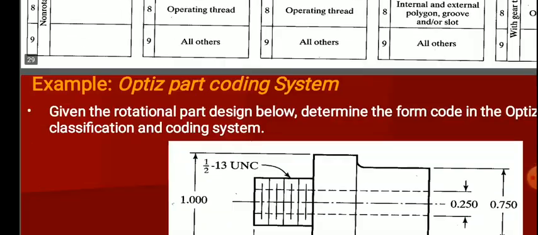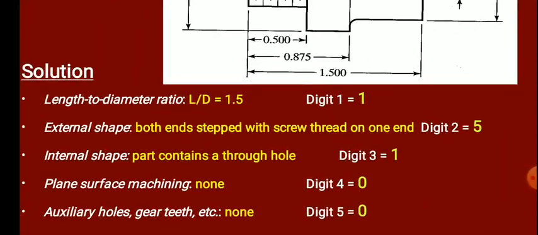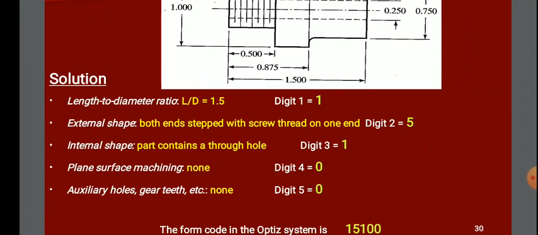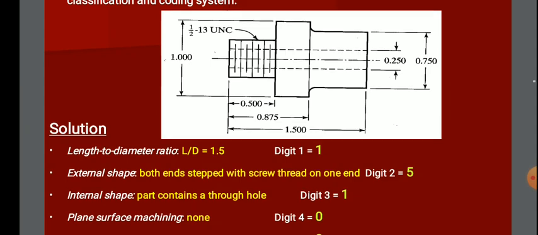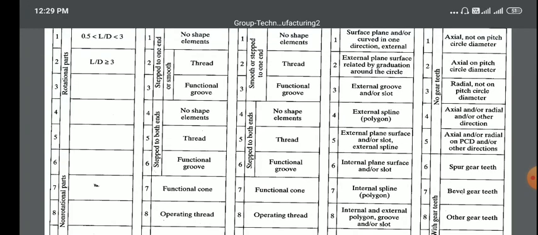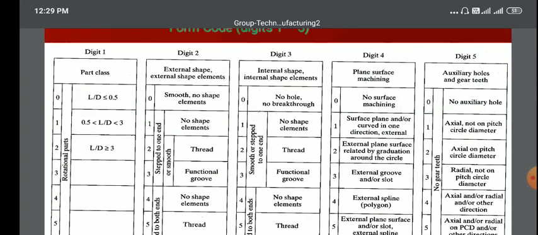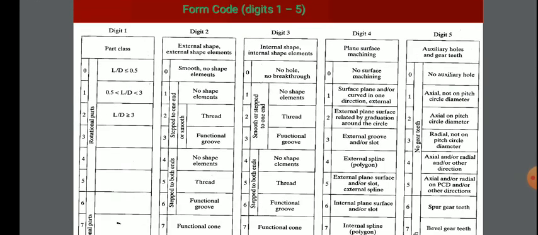Now we are going to see the second digit, external shape: both ends stepped with screw thread on one end. Yes, the part has been operated by stepped turning operation, and also some thread operation has been undertaken here. So they have mentioned in the second digit, both ends stepped with screw thread on one end. Just look at your OPTIZ code procedure table, external shape elements.